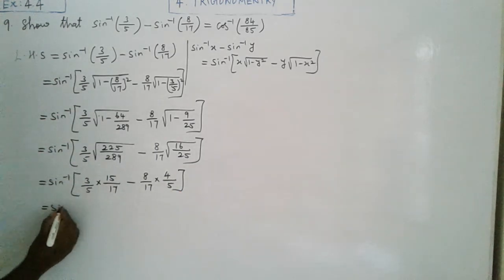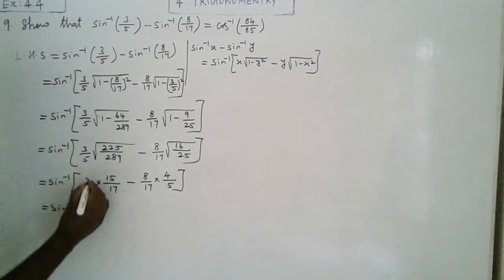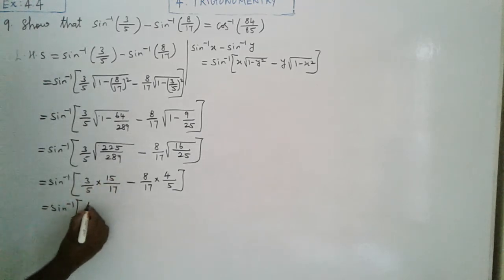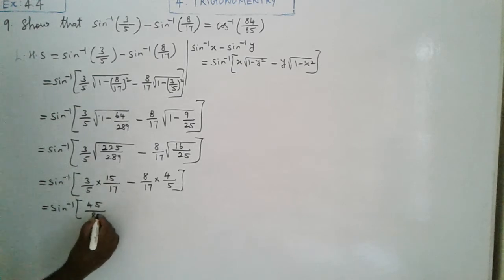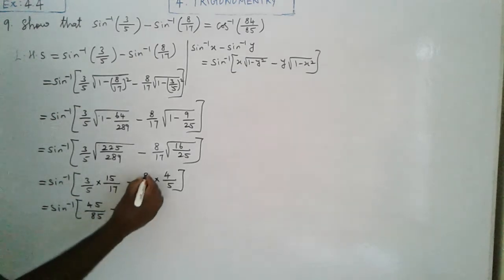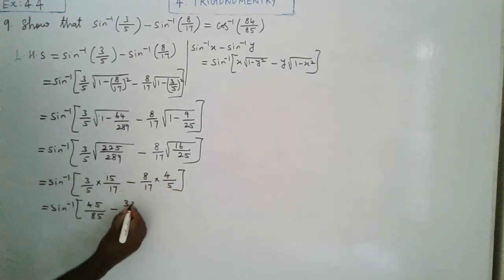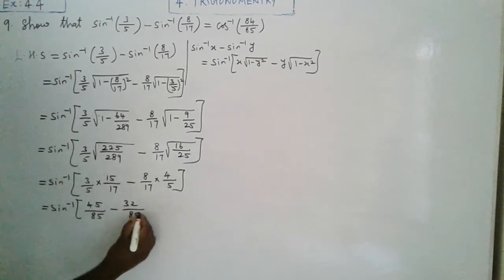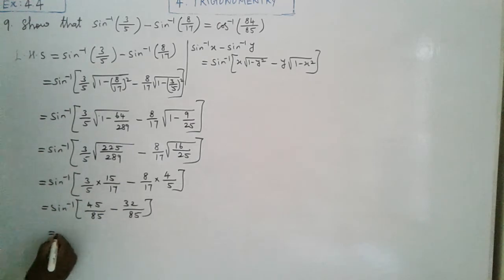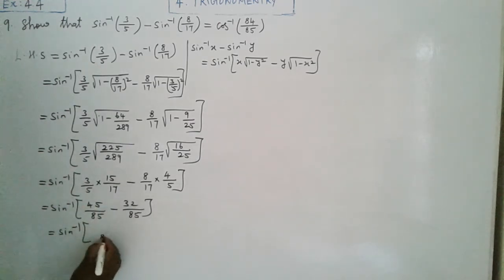That is equal to sin inverse of 3 into 15 is 45 divided by 5 into 17 is 85, minus 8 fours are 32 divided by 17 into 5 is 85, equal to sin inverse of 85 is the LCM, so 45 minus 32.